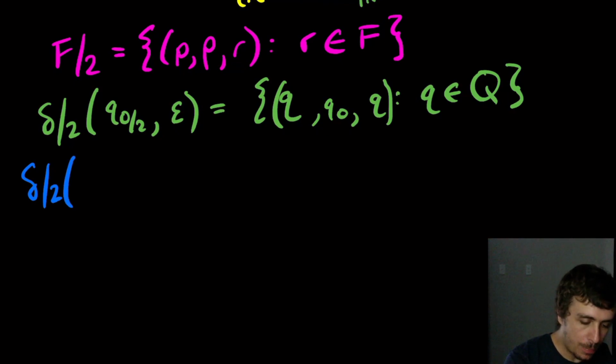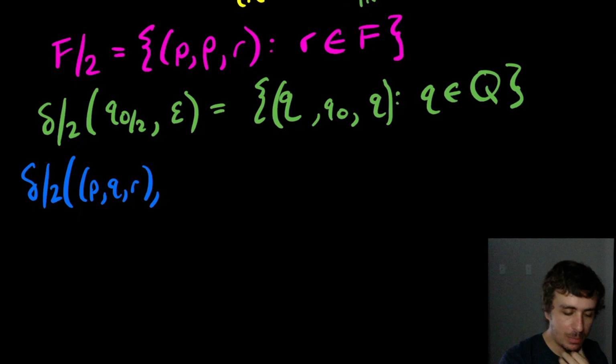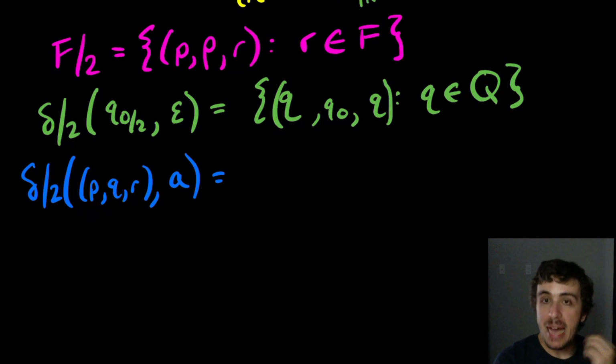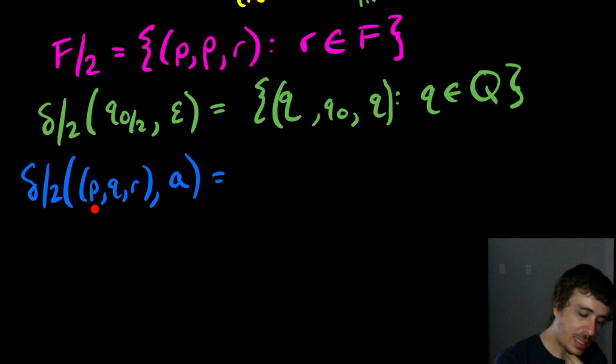So let's think about what happens if we're in some arbitrary triple and we read some symbol A. This first coordinate P should never change, because that was the initial guess.